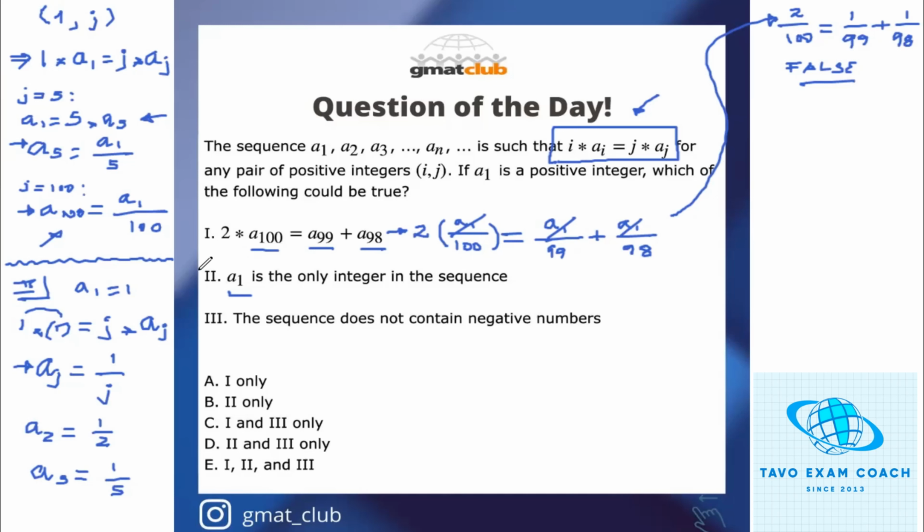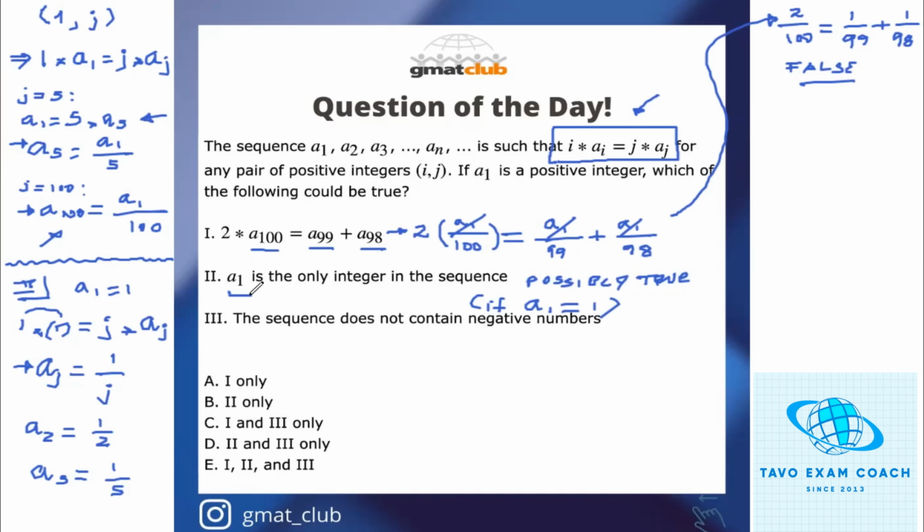So in this scenario, a sub 1 would actually be the only integer in the sequence. So this statement 2 is possibly true. There is a chance that this affirmation holds true if we assume that a sub 1 equals 1. So in that sense, we need to validate this statement 2 as possible.